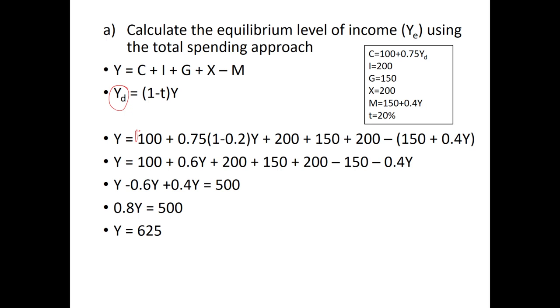So the first bit, the whole section over here, is consumption. From here at the top, the exogenous consumption, the marginal propensity to consume, and then taking into account that you need to pay tax first, and that leaves you with disposable income. So 1 minus the tax rate.